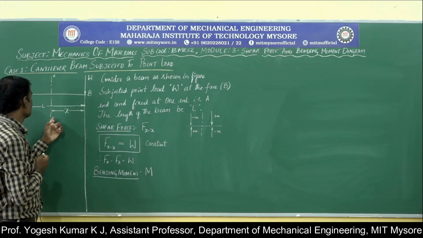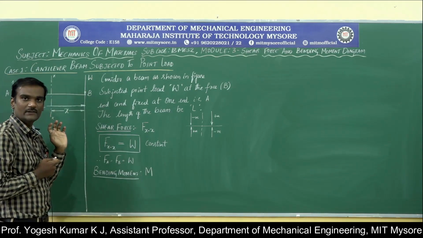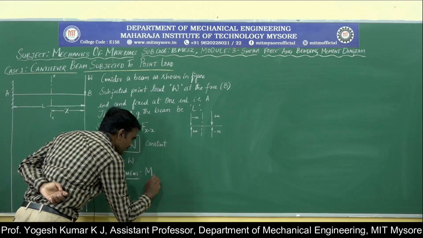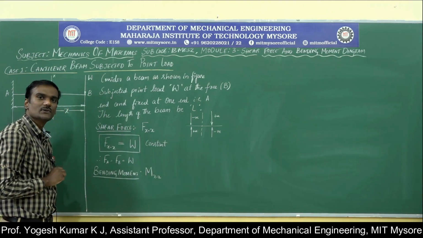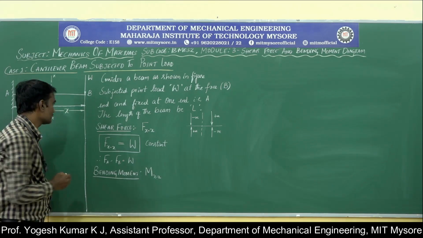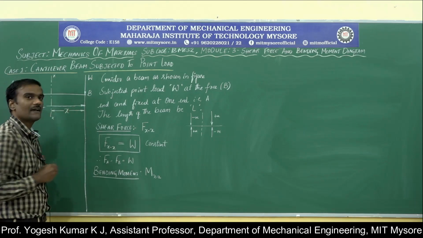Now we have considered a section XX which is at a distance x from the free end. Now let us take the moment about section XX. So the moment notation will now change to Mxx. Why has it changed to Mxx? Because we are taking the moment about the section XX.